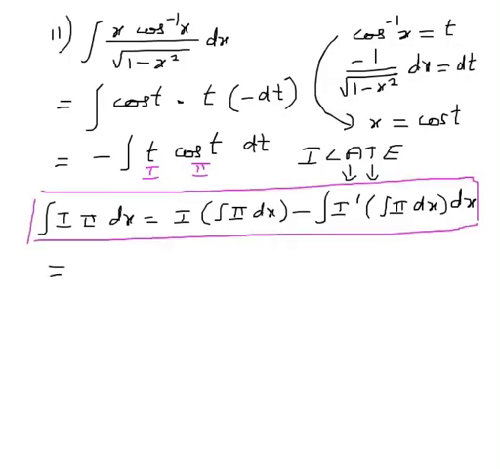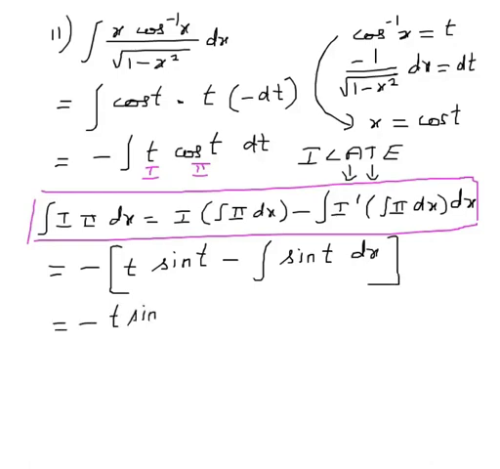Therefore, it becomes, there is a minus sign, so use brackets. First function into integral of cos t, which is sin t, minus integral of differential of t, which is 1, and integral of cos, which is sin, dt.